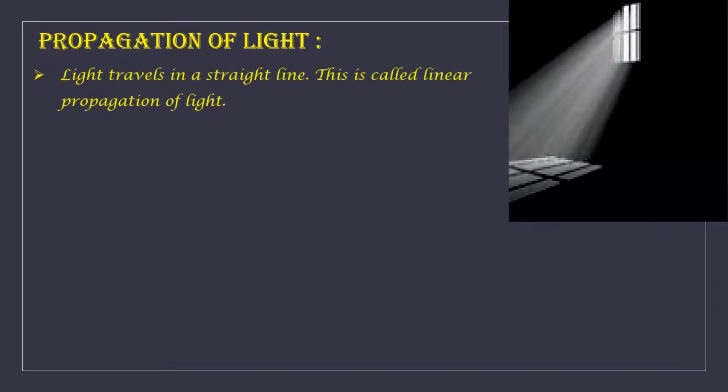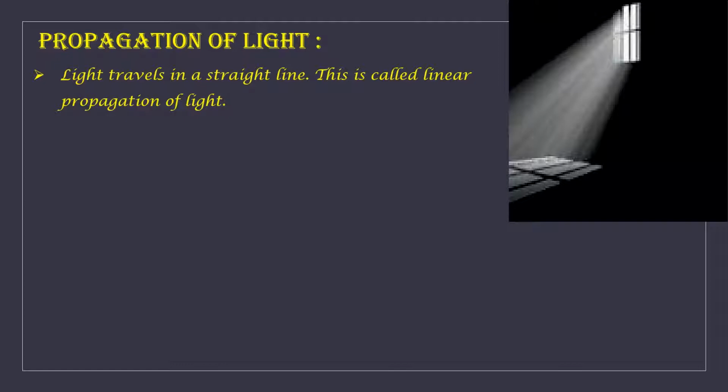Due to these particles, the path of the light becomes visible, and we can see that their path is along straight lines. So it is said that light travels in a straight line, and this is called linear propagation of light.